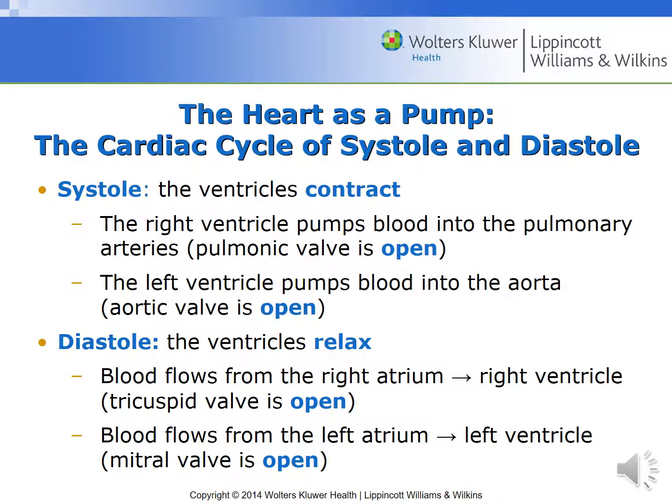So we know that systole is when the ventricles contract. So we're looking at the cardiac cycle, and this is how we get our blood pressure. In systole, the ventricles contract. The right ventricle pumps blood into the pulmonary artery through the open pulmonic valve. The left ventricle pumps blood into the aorta through the open aortic valve. And we know that diastole is when the ventricles relax.